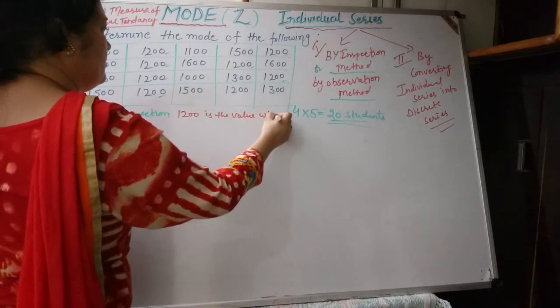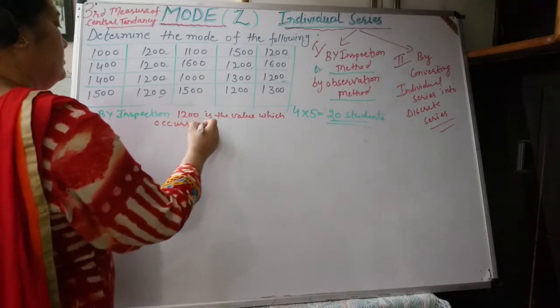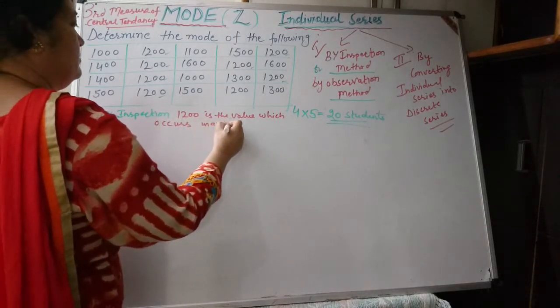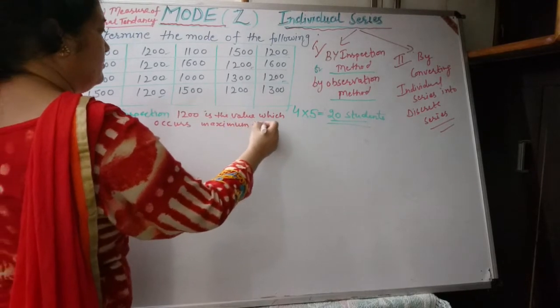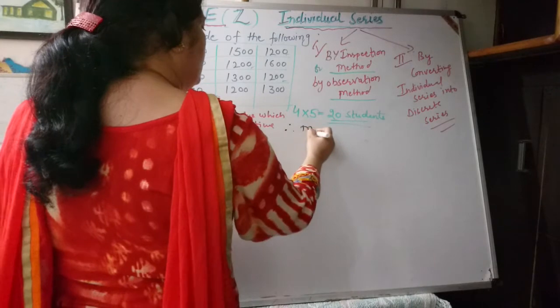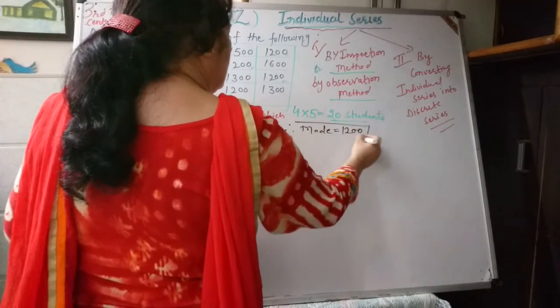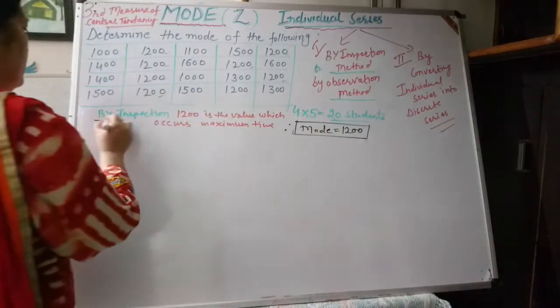which occurs maximum time. So mode is equal to 1200. This is by inspection method.